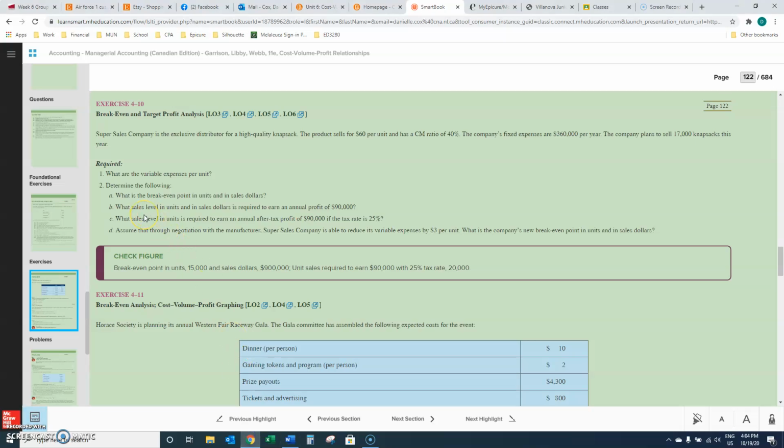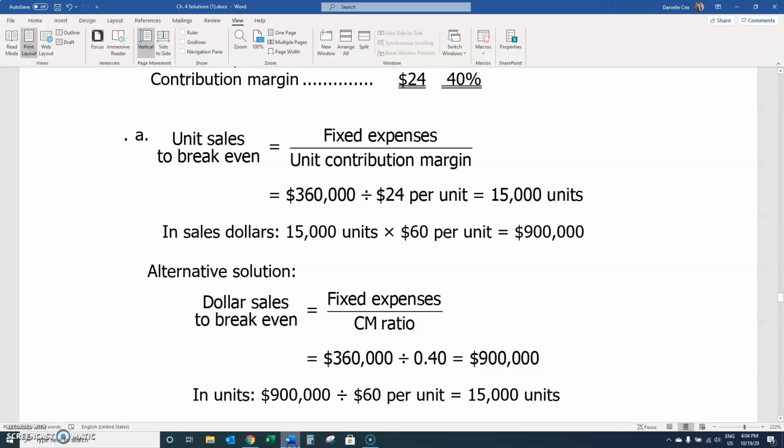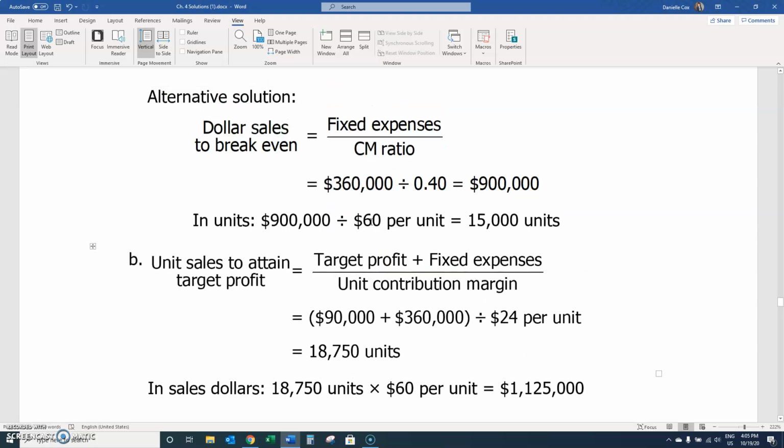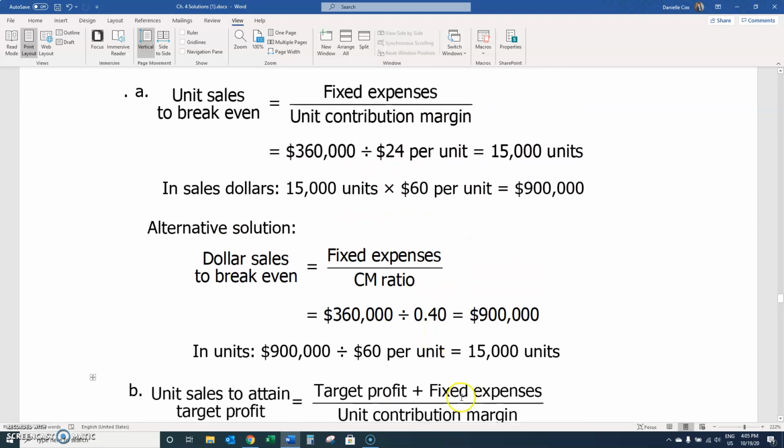Part B. What sales level in units and in sales dollars is required to earn an annual profit of 90,000? So that would be your fixed expenses plus your target profit over the unit contribution margin.